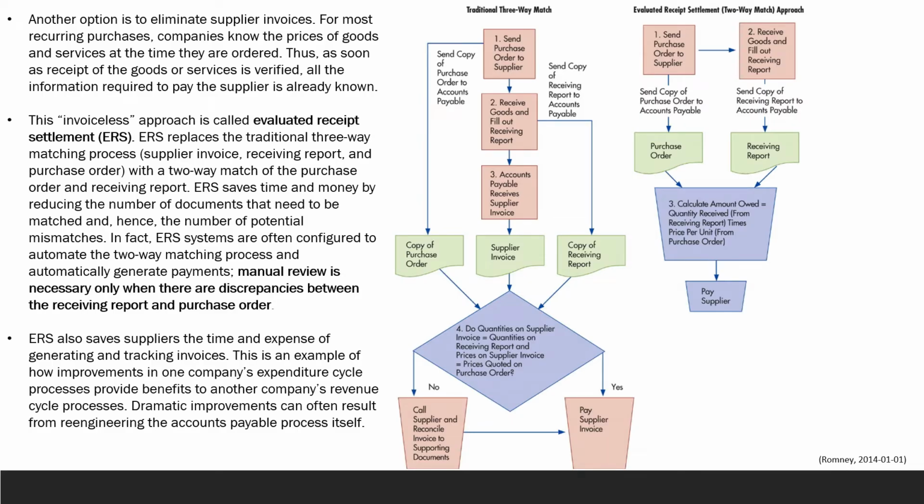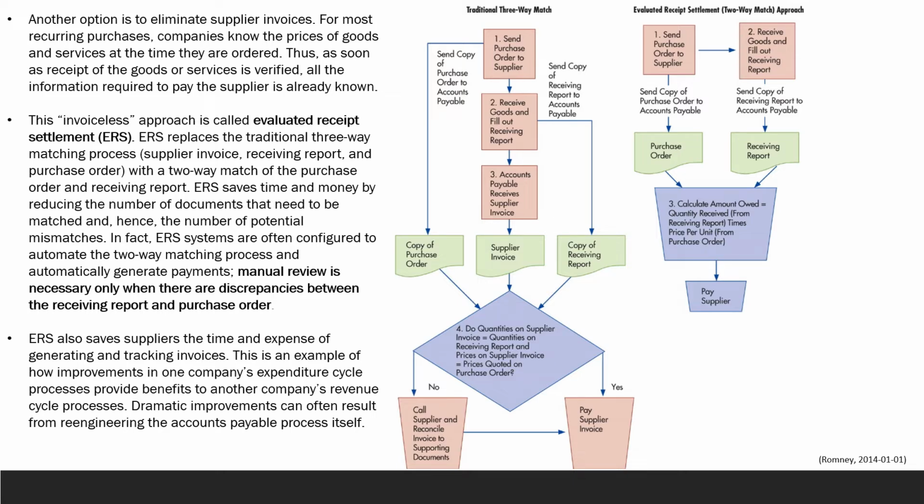So right here we have a comparison of the traditional 3-way matching system and the new evaluated receipt settlement, the 2-way matching approach. So let's look at what we have going here. Another option is to eliminate the supplier's invoice.